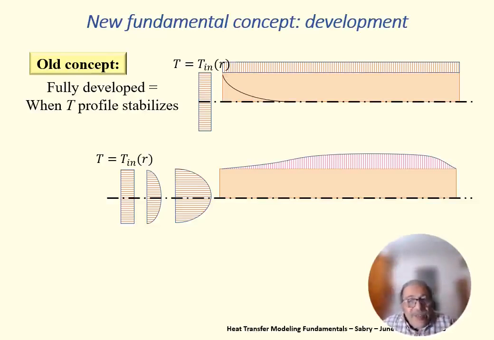After this distance, it may still change due to the fact that I have a variable heat flux, but it will no longer depend on the assumed inlet temperature profile. This is the new definition of developing and fully developed, which reduces, if I have a uniform heat flux, to the same as we had before, but now it has been generalized to non-uniform boundary conditions.